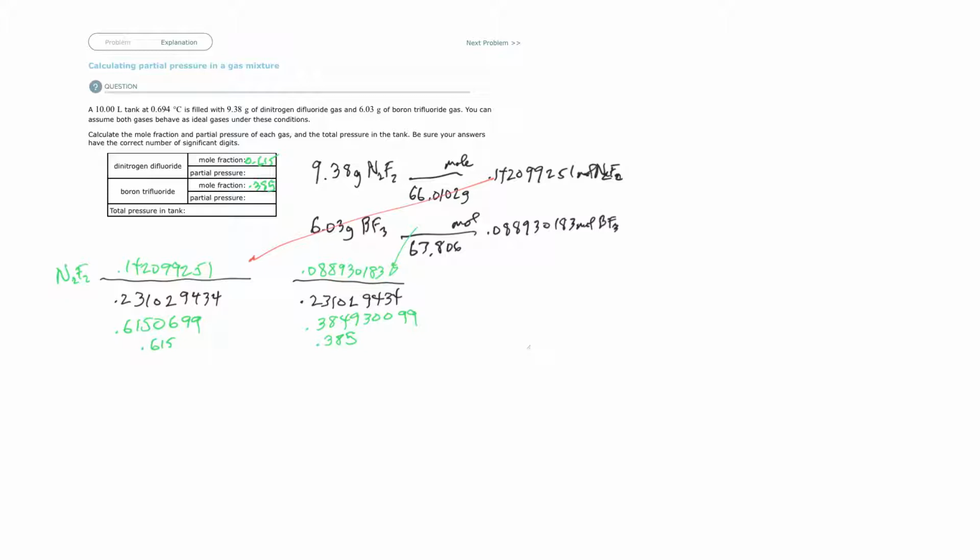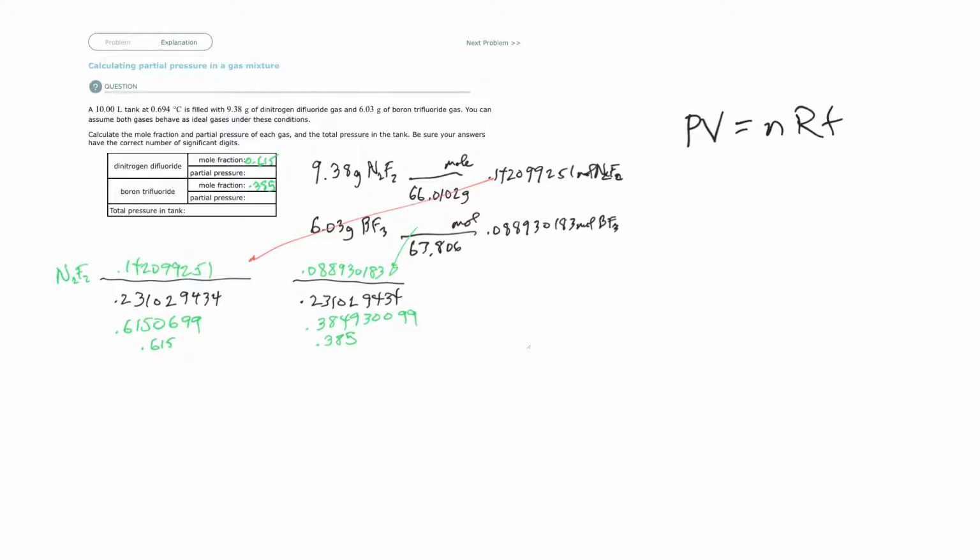Okay. All right, so let's get some more room here. I need to now find the pressure. So I'm going to use the combined gas law, or the ideal gas law, PV equals nRT.